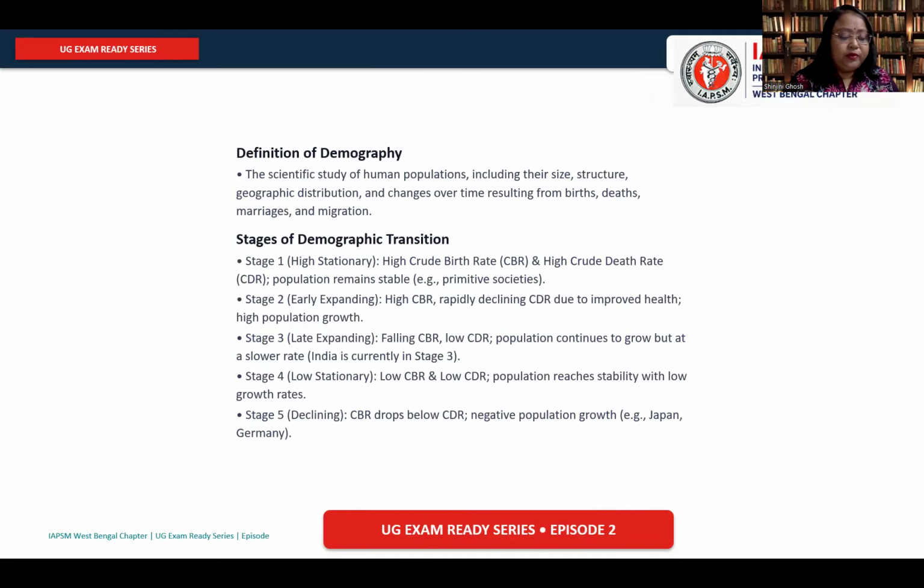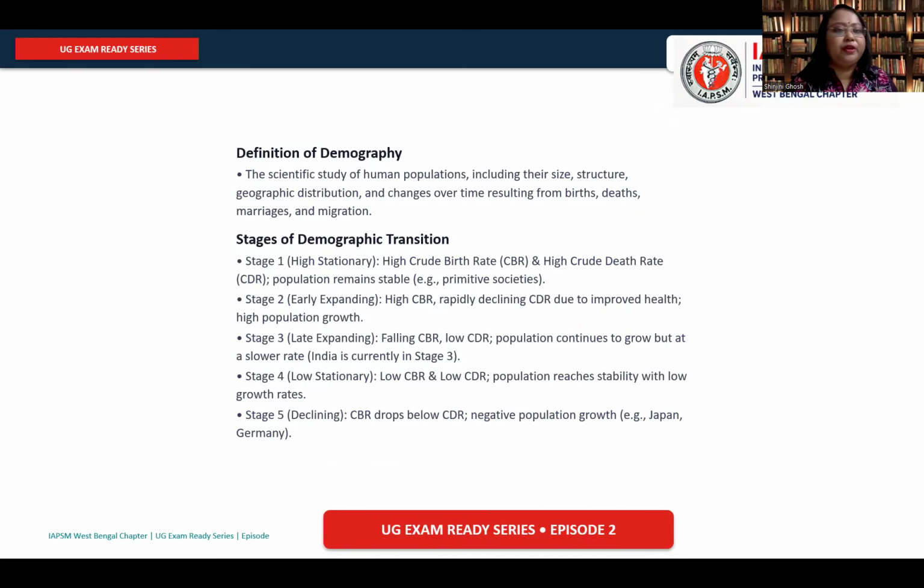Okay, next question, I'm coming to the next question. That is, what is defined in demography? Describe the different stages of demographic transition, and about dependency ratio and demographic bonus. So the definition of demography, again, I'm not going into details.